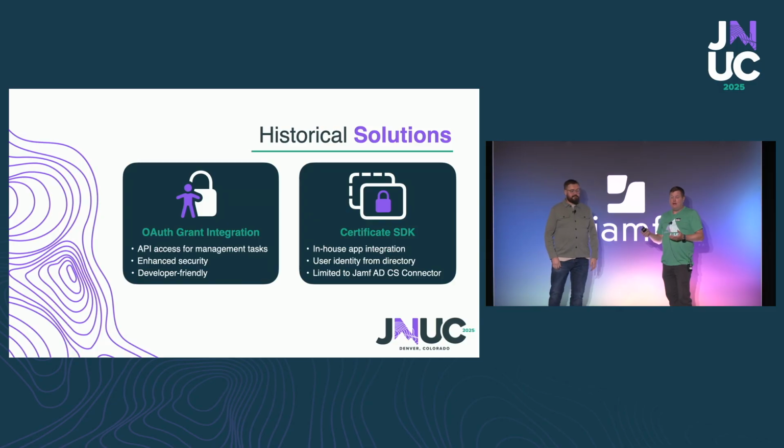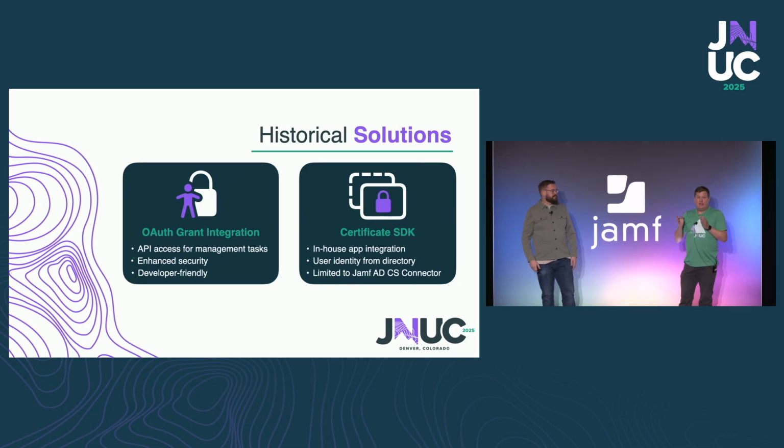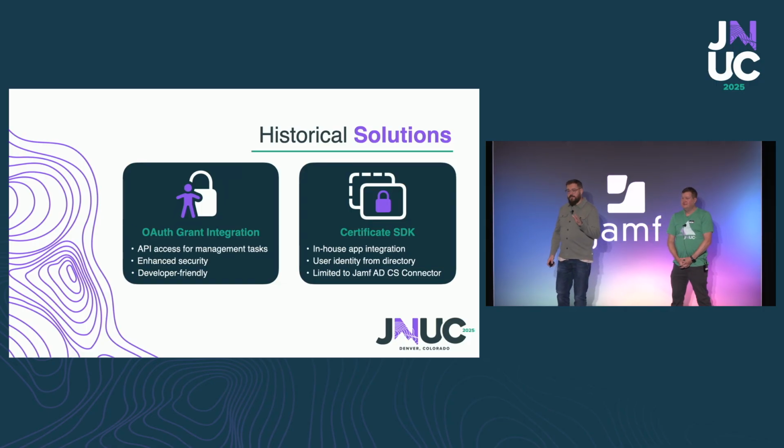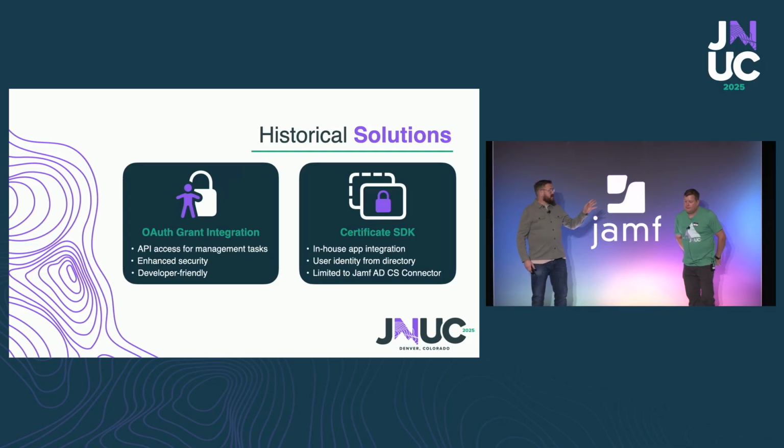So with some of those historical solutions and approaches, there are some things that we at Jamf have done over the years that help highlight and make some good compromises. And these are technologies we should certainly address here before we get to the main show as well. So some of those historical solutions. One is OAuth grant integration, right?